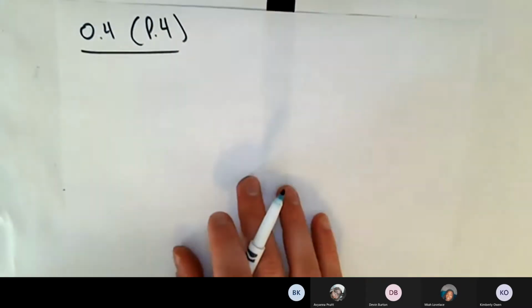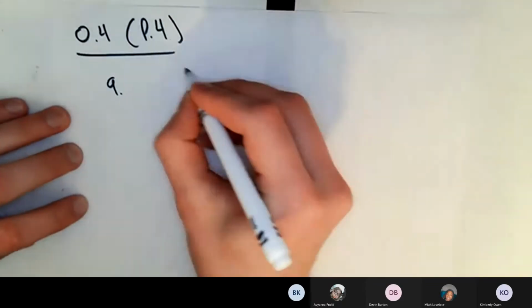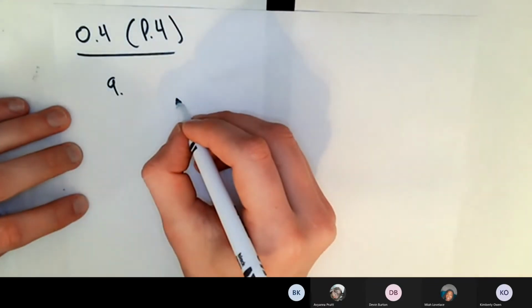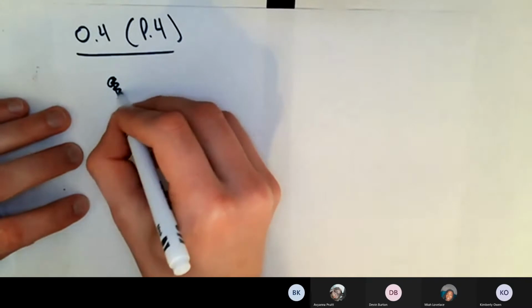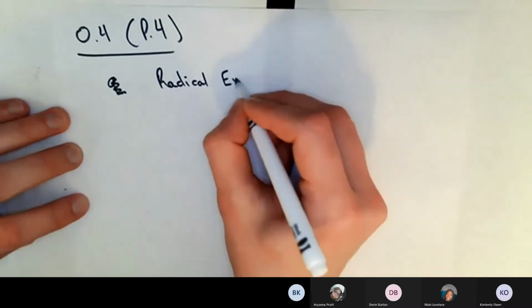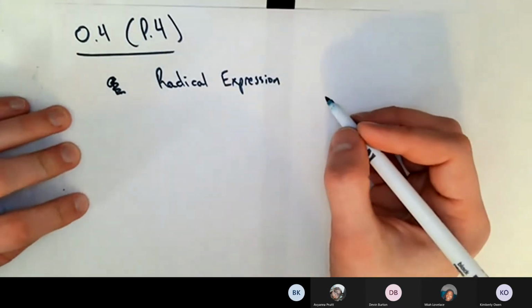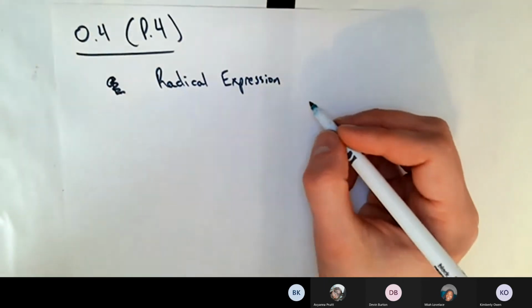That's that section. Numbers 9 and 10 say here's a radical expression, and then write its corresponding exponential expression. Is that really all I gave you for that?